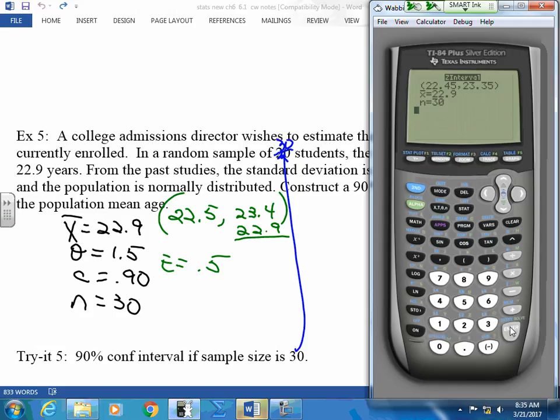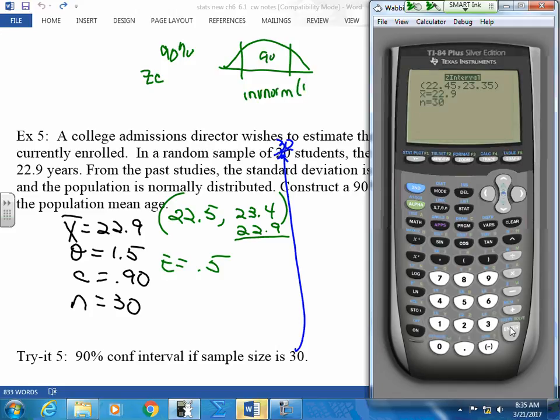All right, we're going to do this the long way. We're going to say I have a confidence interval of 90%, so I need to find my ZC. Again, this is 90, so I'm going to do inverse norm, 1 minus 0.90 divided by 2.